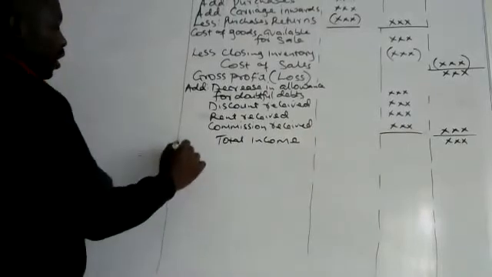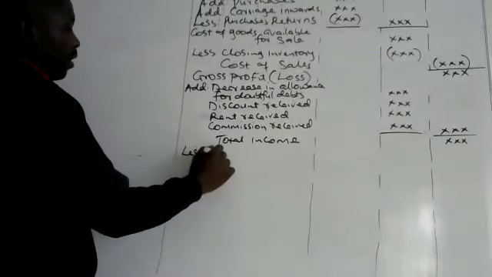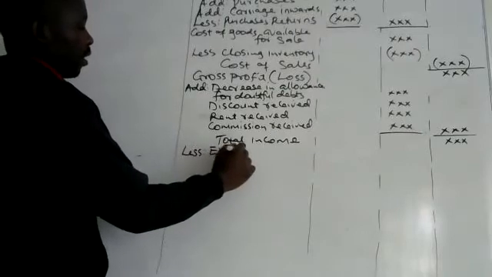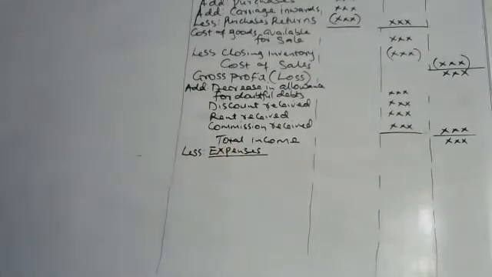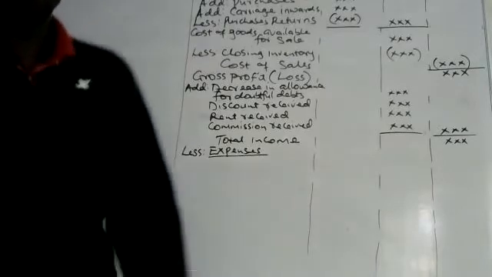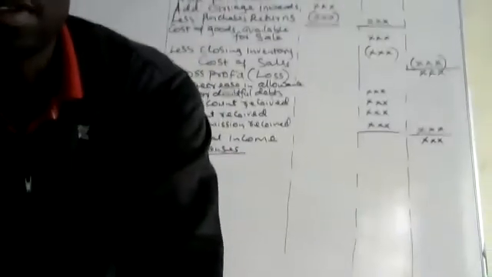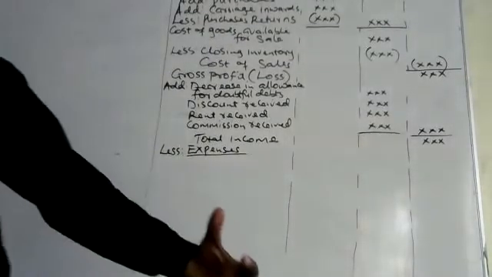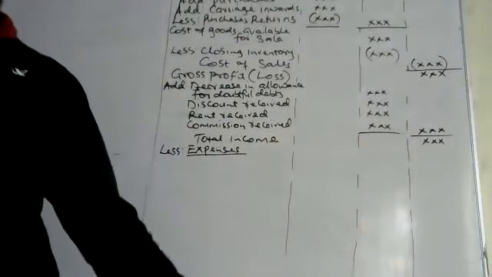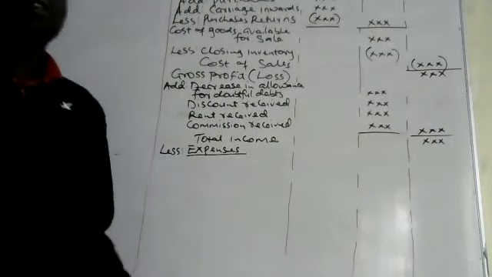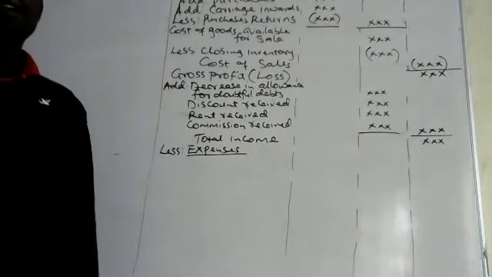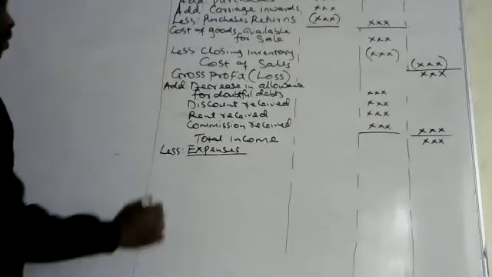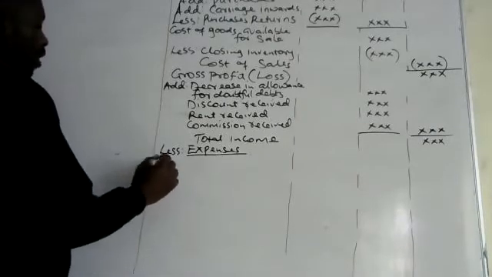Then from the total income, you come and less expenses. Expenses are the other costs. Apart from the cost of buying the additional stock and the cost of acquiring the fixed assets, other costs the organization is going to make, they are known as expenses. Here, the expenses include things like the discount allowed.